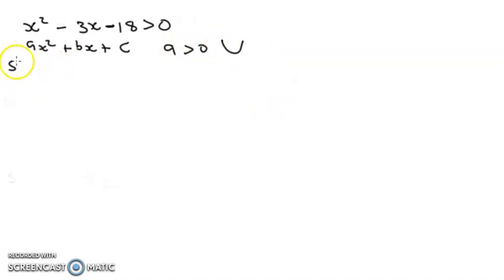Now let's go to step 1. Step 1 involves factorizing this. So basically, we're going to have x plus 3 here and x minus 6 there. And what we want is to also draw our diagram, step 2.